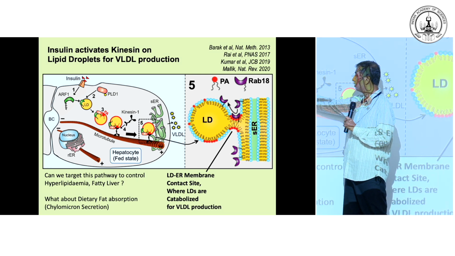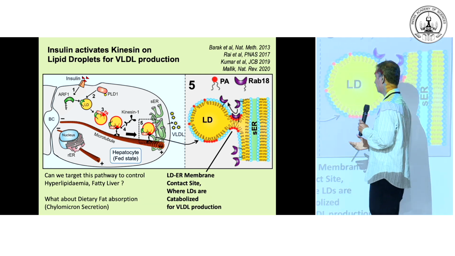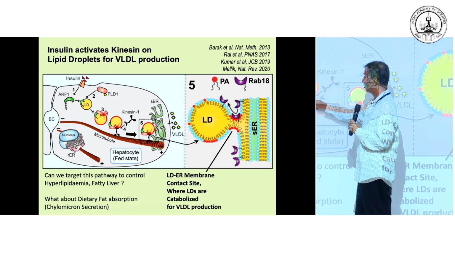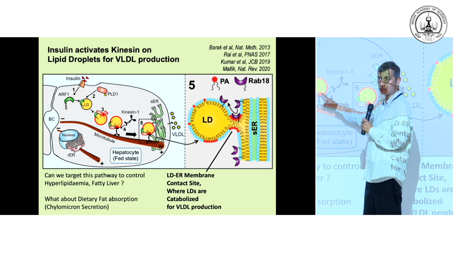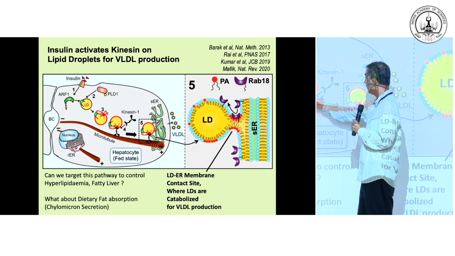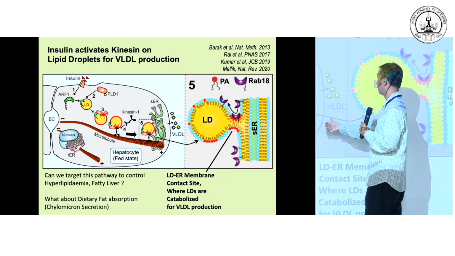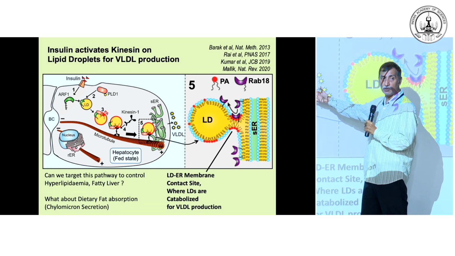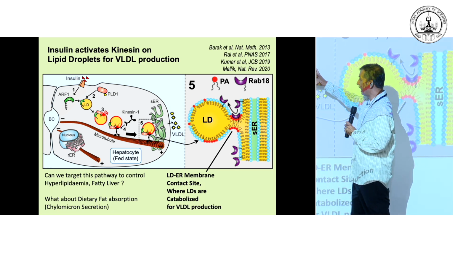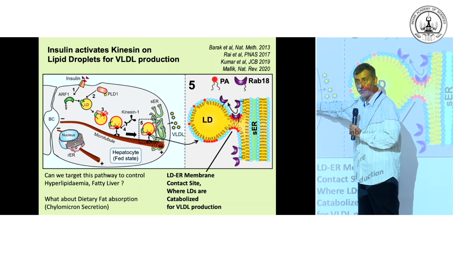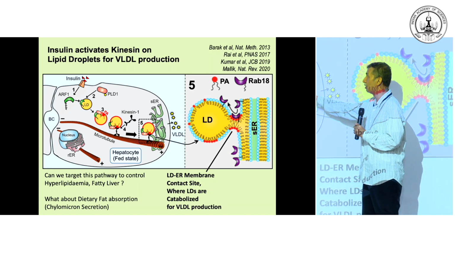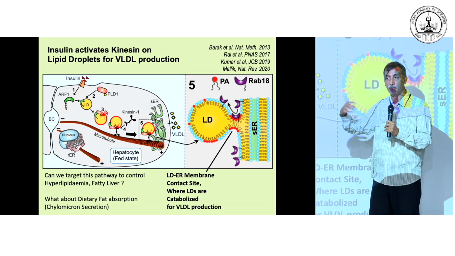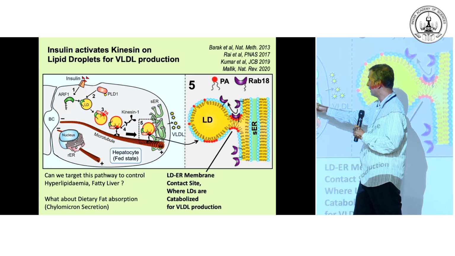And now, because of that local curvature, two things happen. One is that the kinesin motor comes and directly binds to this phosphatidic acid and carries it along this microtubule towards the periphery of the hepatocyte. The point in going to the periphery of the hepatocyte is that the enzymes which will chop up the fat inside, which you want to send out into blood to make your serum triglycerides, to keep your body running, are present here.